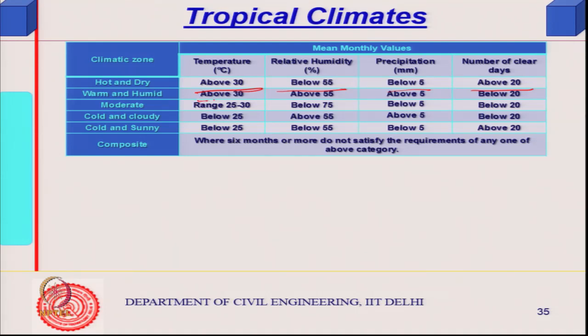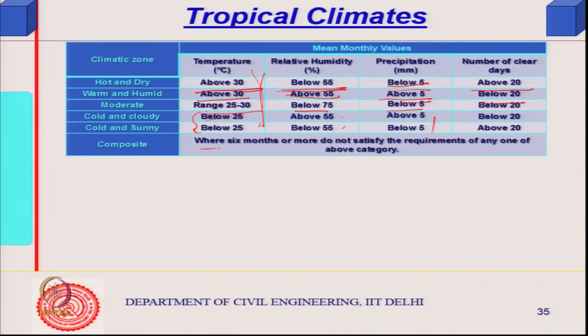In warm humid, mean monthly temperature is above 30, relative humidity is above 55, where for hot dry it was below 55. Precipitation is above 5 here, and below 5 there, and clear days below 20, as the cloud cover is very much there. Moderate is somewhere 25 to 30, etc. Now when nothing matches any one of them, and for cold climates, mean monthly temperature will be below 25, relative humidity above or below 55.